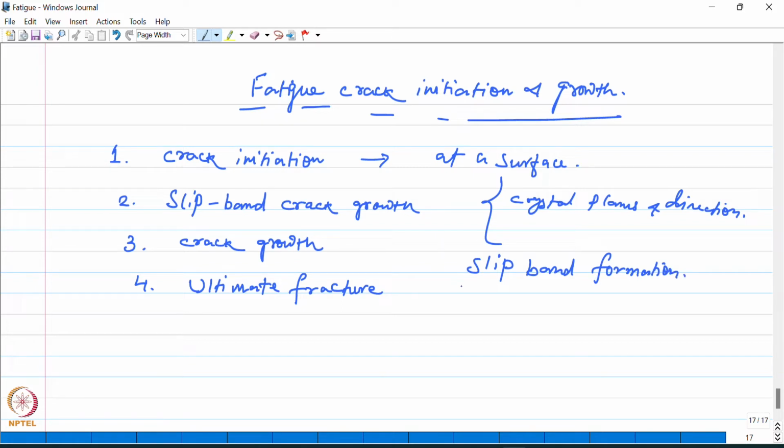Okay. Now, some of the slip bands will be more persistent compared to others. And these persistent slip bands are actually the embryos for fatigue cracks.